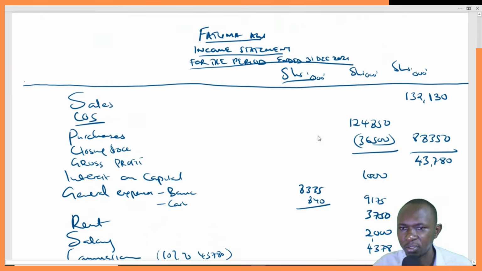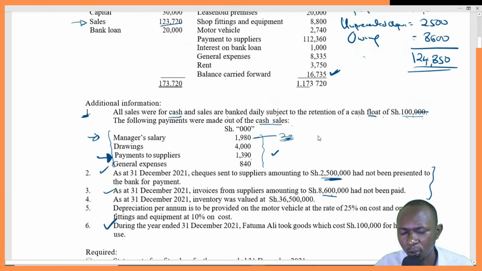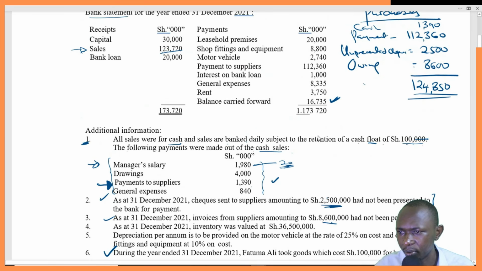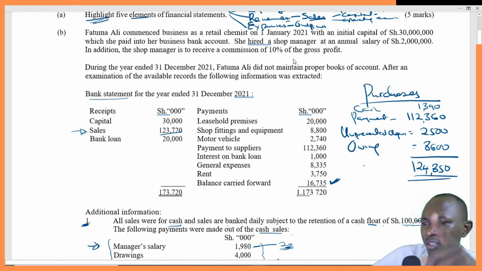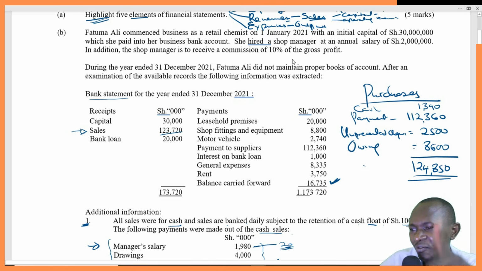You remember there was this thing on, where is that statement? She had a shop manager at an annual salary of this. In addition, the shop manager is to receive a commission of 10% of the gross profit.